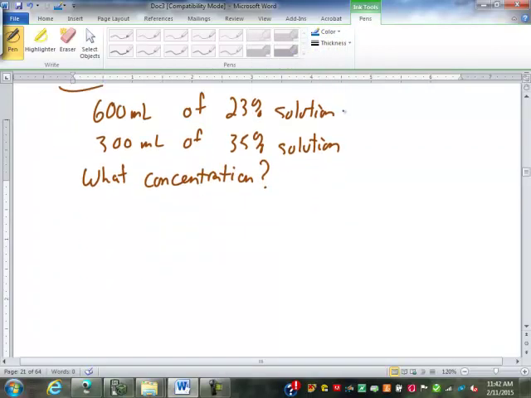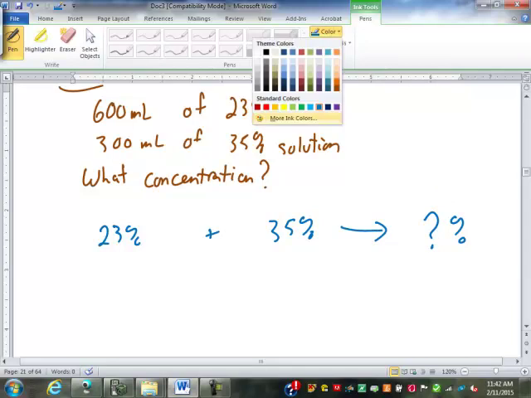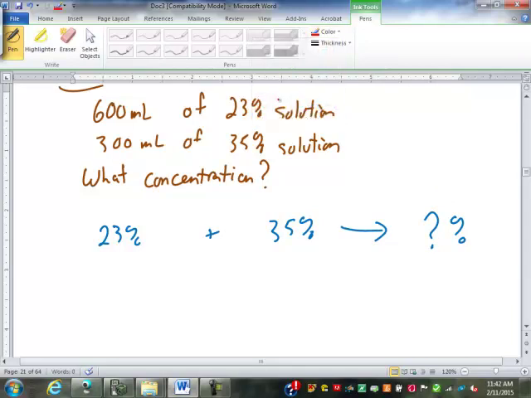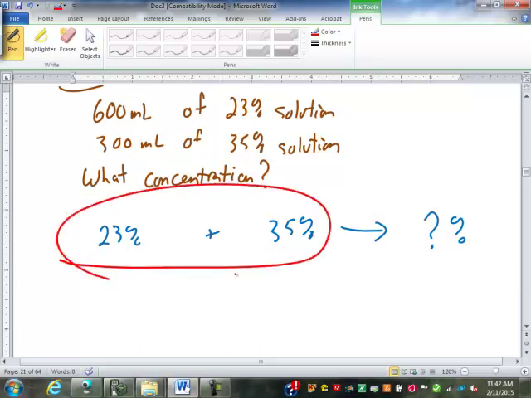So what we're combining here, we're combining 23% with 35% to get a resulting percent that we're trying to find. Well, the amount of serum that goes into the mixture has to be the amount that comes out. So the amount of serum between the 23 and 35% has to equal the amount of serum in the final product. The total volume going in also has to equal the total volume coming out.